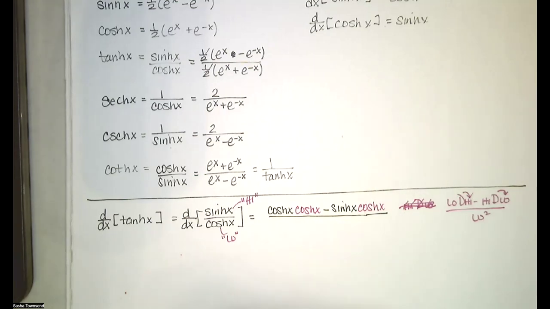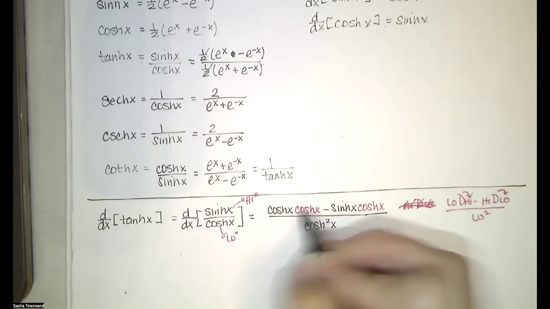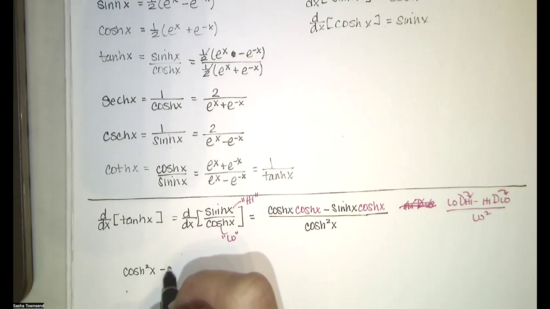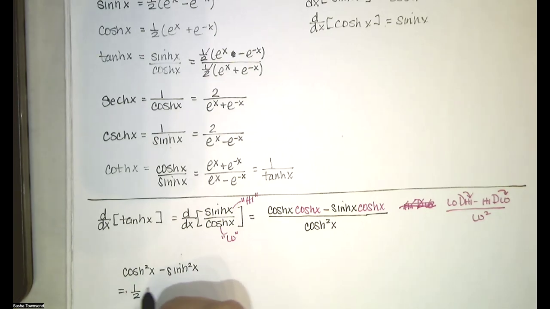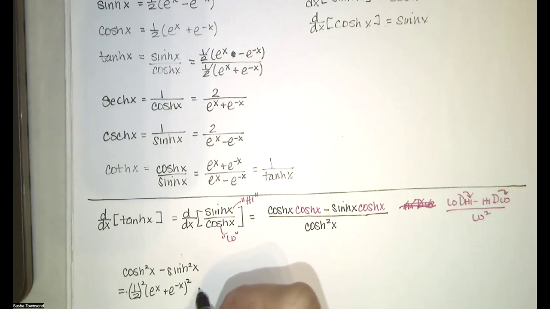And then we divide by hyperbolic cosine squared. That numerator is actually hyperbolic cosine squared x minus hyperbolic sine squared x. And if we want to, we can write that as 1/2 e to the x plus e to the negative x quantity squared. So you're going to square the fraction and square that factor as well.